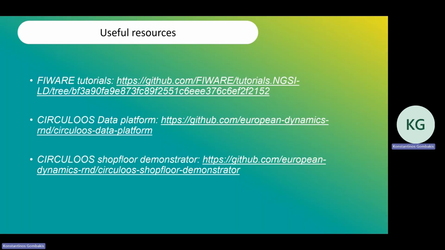As you can see, we try to help small enterprises to be able to digitalize as quickly as possible the items that they want to sell and share to the CIRCULOOS Data Platform. And I and my team will help you either to set up the platform on your premises, or to send the data from your shop floor to the platform.